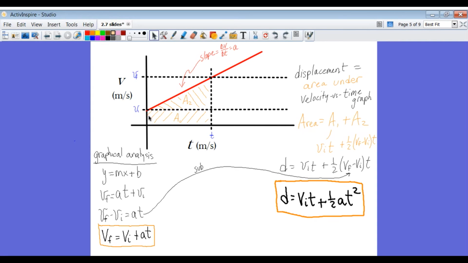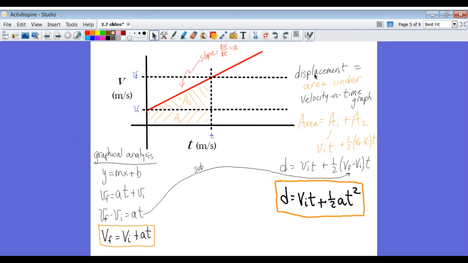Just analyzing this from a graphical standpoint, a straight line on a graph is y equals mx plus b. Y is a function of x. So x is time. The slope of the graph, m, is the acceleration. My y-intercept is my initial velocity, and my function of x, which we usually call y, is whatever value I get on the red curve at some time t. So that's my final velocity.